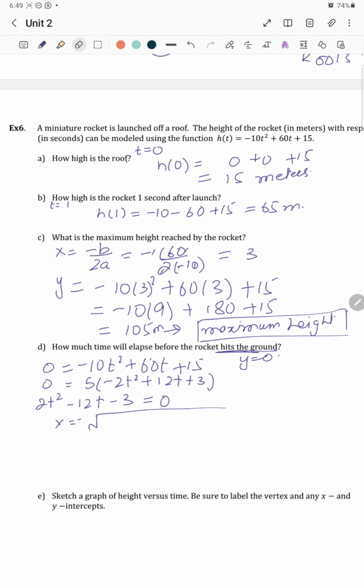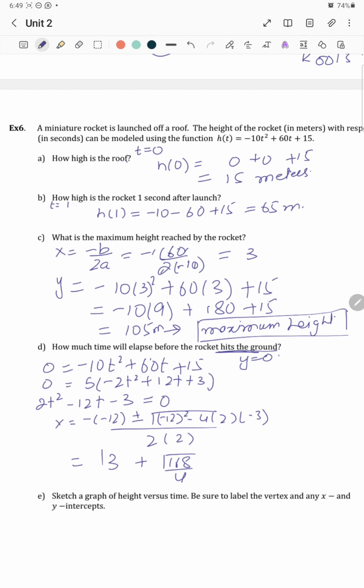Minus b plus or minus square root of b squared minus 4ac over 2a. We will get (3 plus square root 168) over 4 seconds.